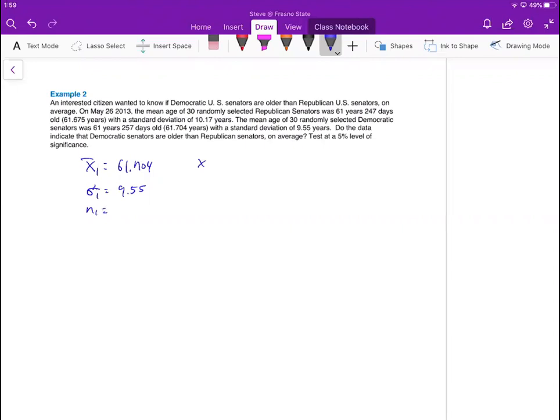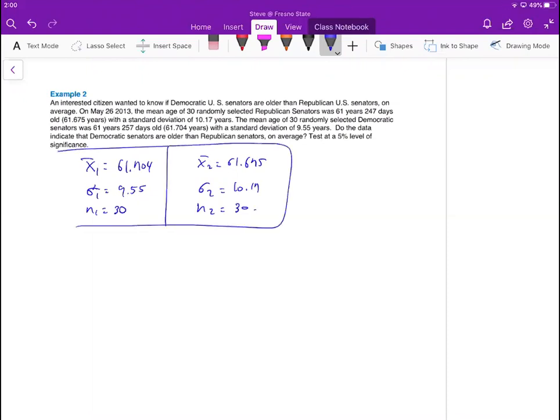And n1 is equal to 30, yes. Okay, and x2 bar is equal to 61.675, sigma 2 is 10.17, and n2 is 30 again.